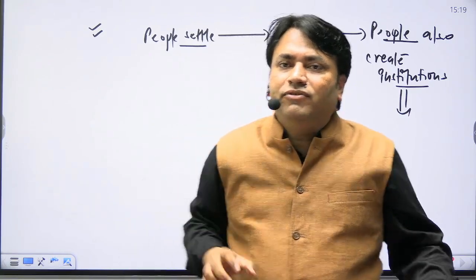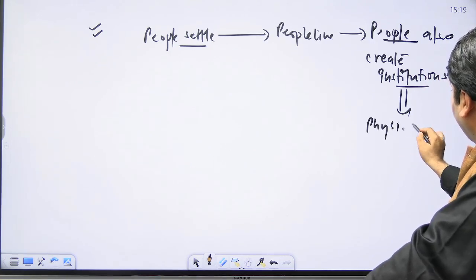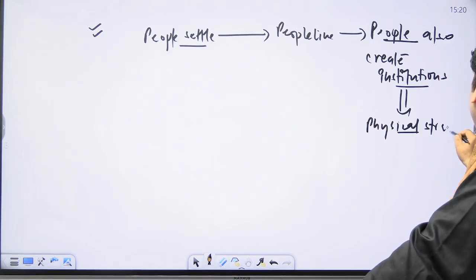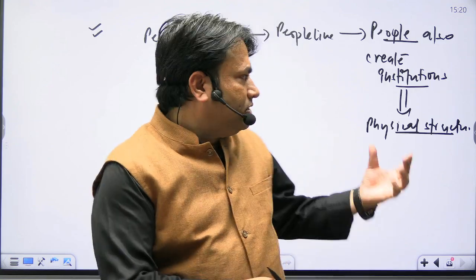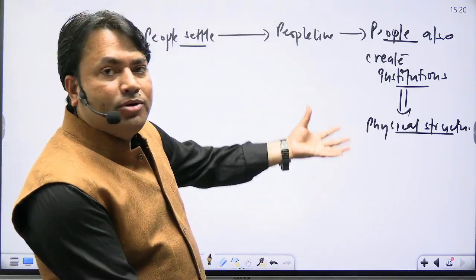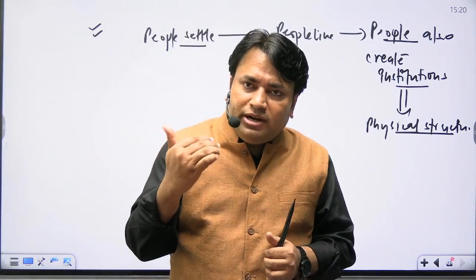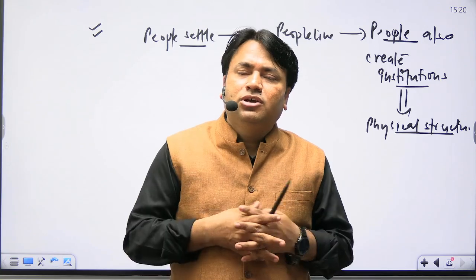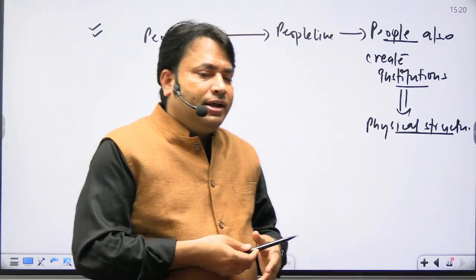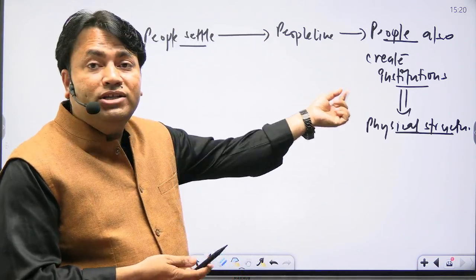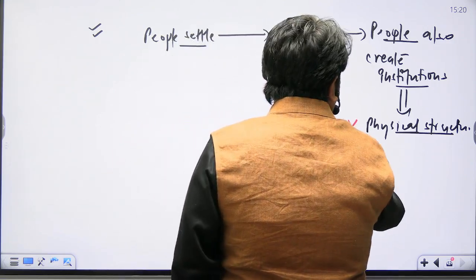People create physical structures. They will construct their houses now. Now this might be a possibility that due to some unfavorable conditions, climatic conditions or droughts or anything, people will have to leave this place.